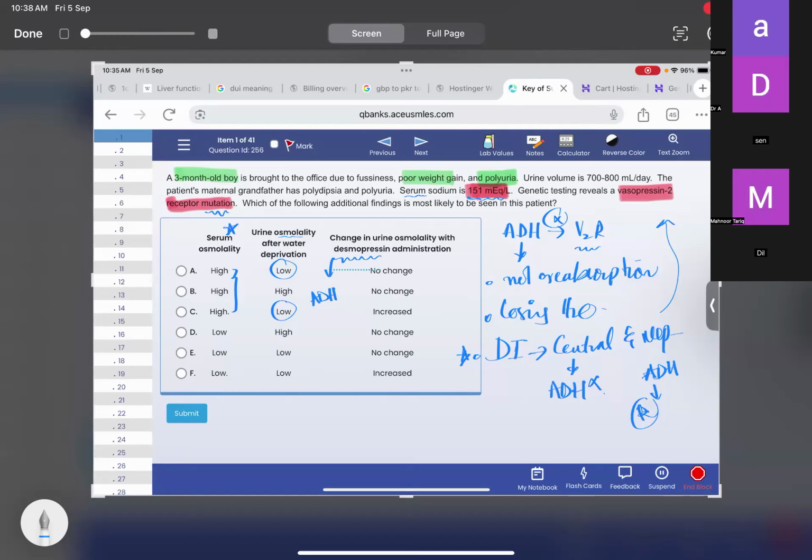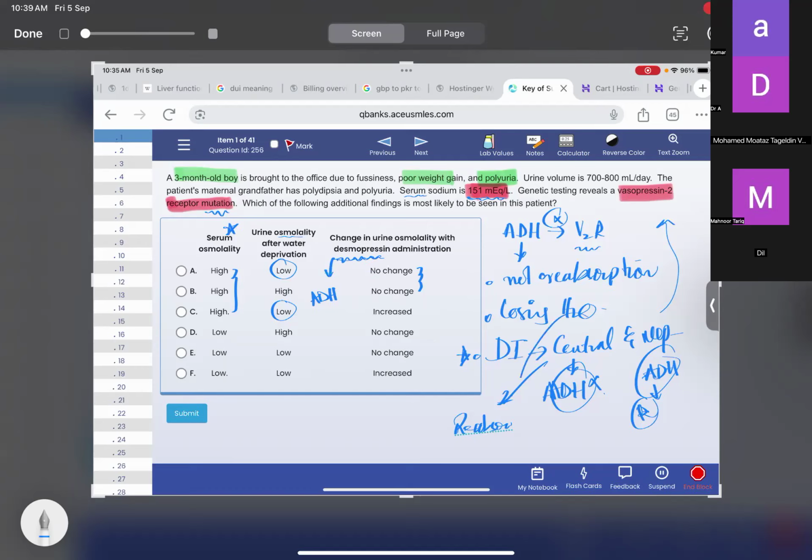So in central diabetes insipidus, we don't have ADH. When we provide ADH, we will start reabsorbing water, right? And in our question, we have ADH, but the receptors are mutated. So by giving desmopressin, there won't be any change, okay?